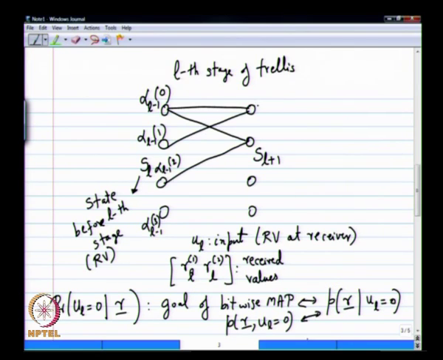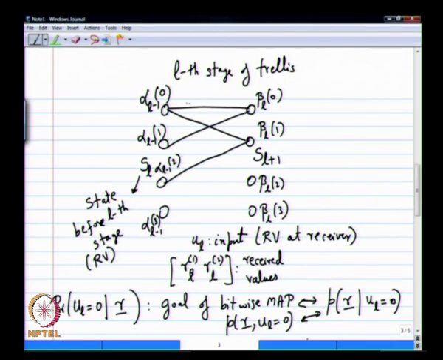And here with these states what will you associate? Well, alpha also you can associate, but that does not play any role in the Lth stage. So what is most natural? Beta. You can do beta L 0, beta L 1, beta L 2 and beta L 3.